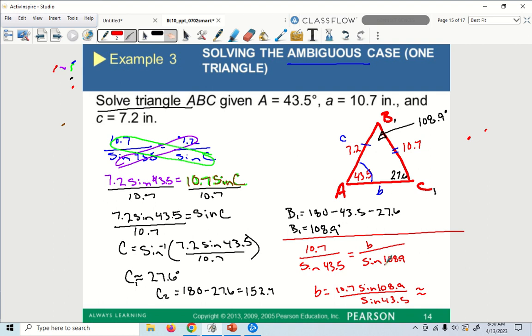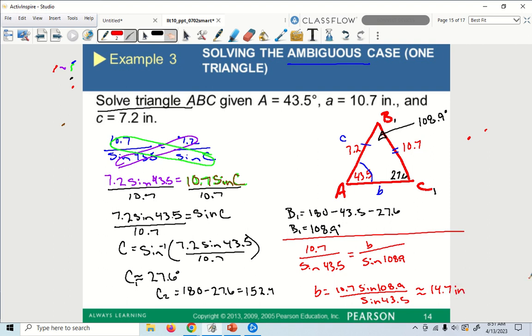What do we get? What is it? 14.7? All right. What are my units on this one? Inches? Yes. Very good. Inches.